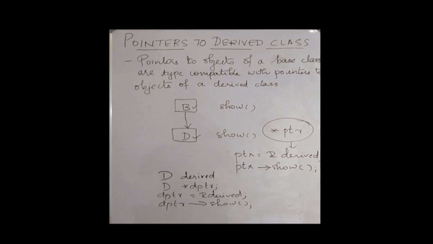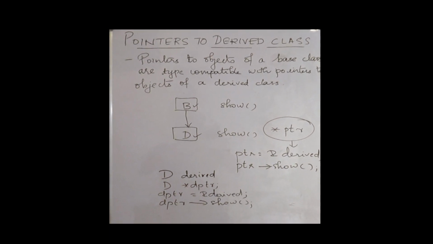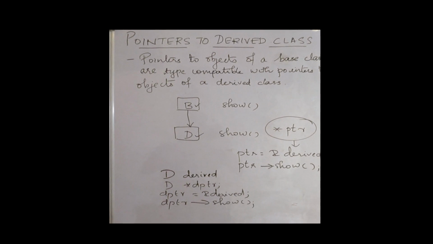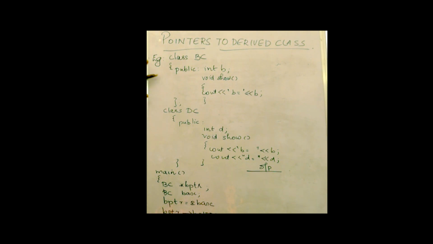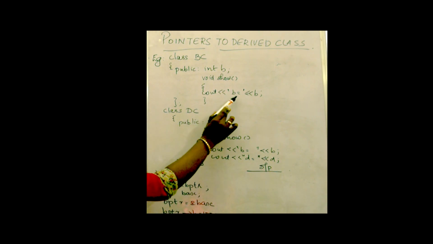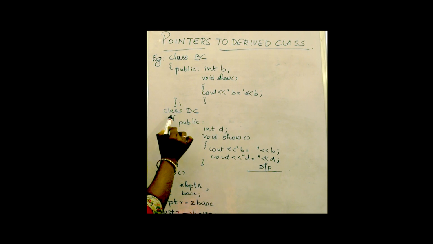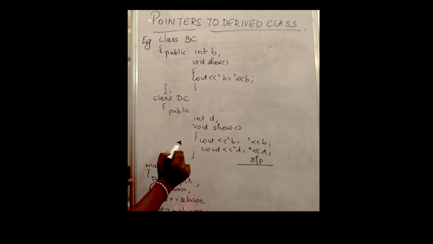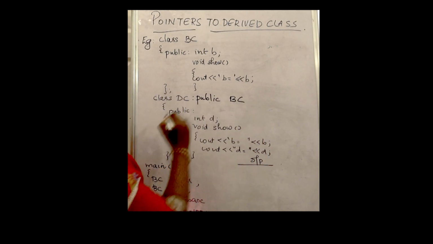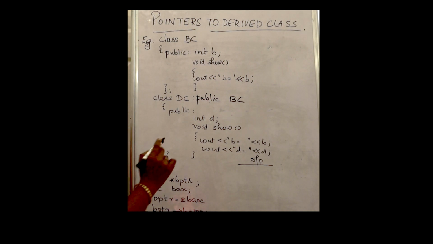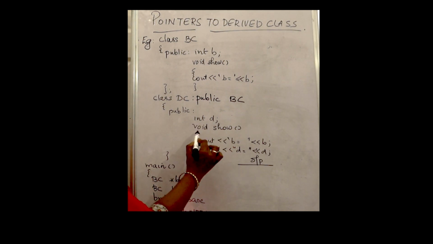So these are some of the concepts related to pointers to derived classes. Now I will write one complete example and illustrate all the concepts again. Consider this example. There is a base class, class BC, with a public member int B and a public function void show. The purpose of show is just to display the value of B. Now class DC is the derived class, publicly derived from BC, and there is one public member D and void show.